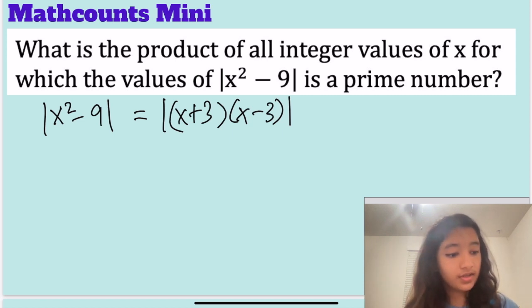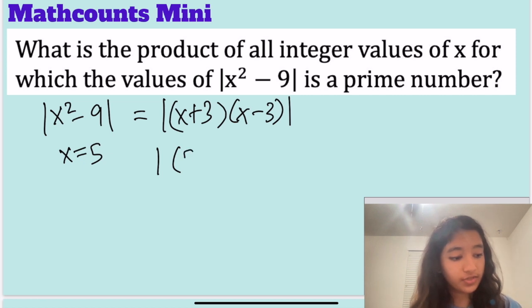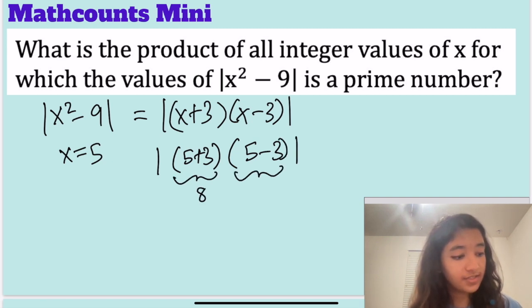So let's just try plugging in some random value of x so we can see the properties of this. So let's just say we put in x equals 5. So if we put x equals 5, we'd have x plus 3, so that would be 5 plus 3, and then times 5 minus 3. So 5 plus 3 is 8, and 5 minus 3 is 2.